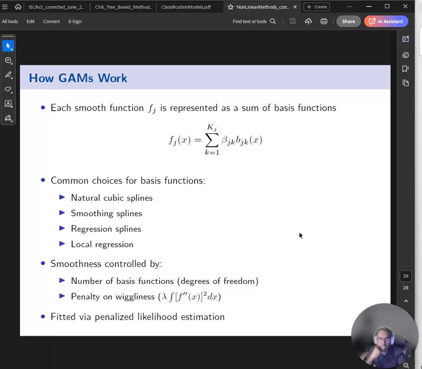Sometimes we go for natural cubic splines or smoothing splines or local regressions, and we control the smoothness by controlling the degrees of freedom as well as the penalty. The model is then fit using a penalized likelihood estimation technique. The nuances here are not that important, but it's useful to have this at the back of our head when you're coding it up.